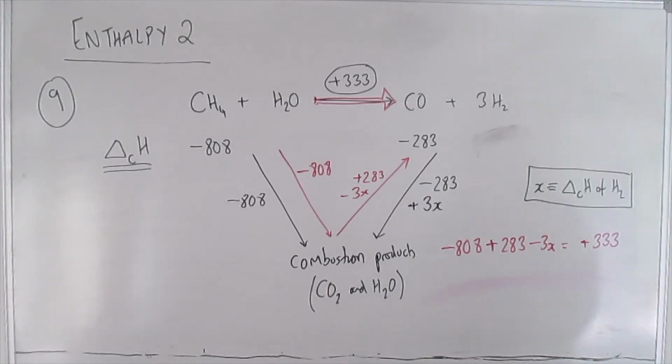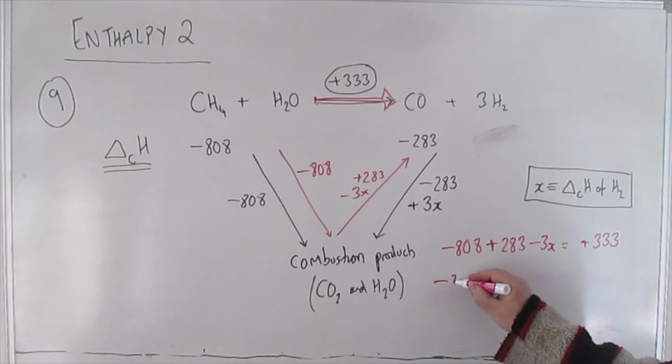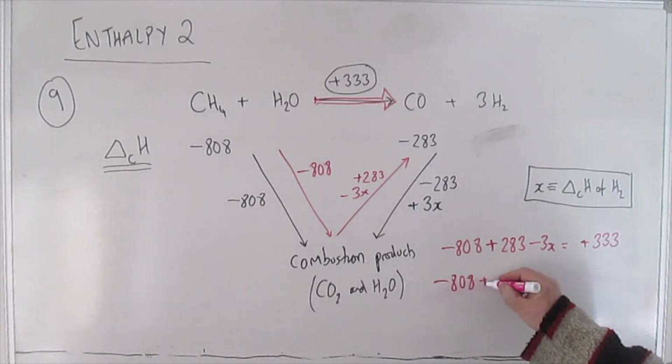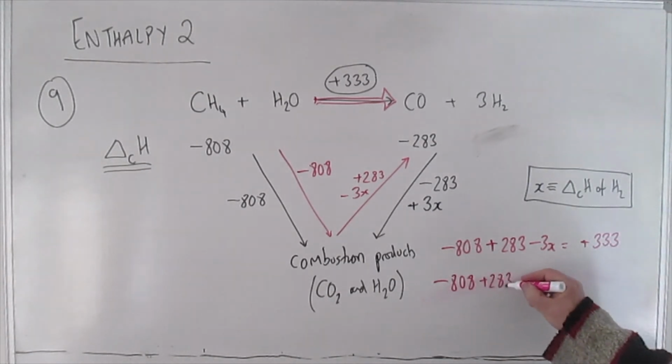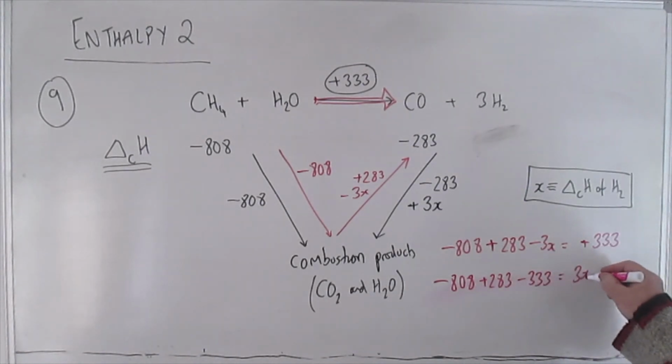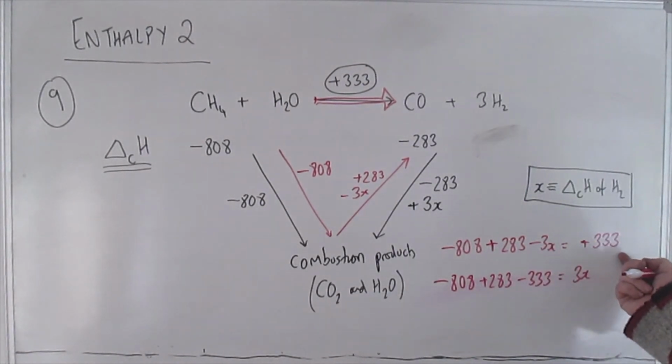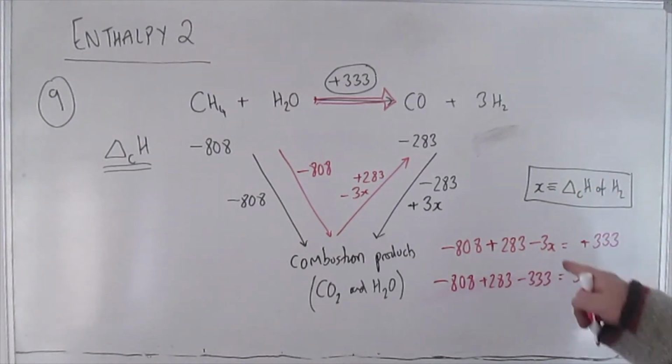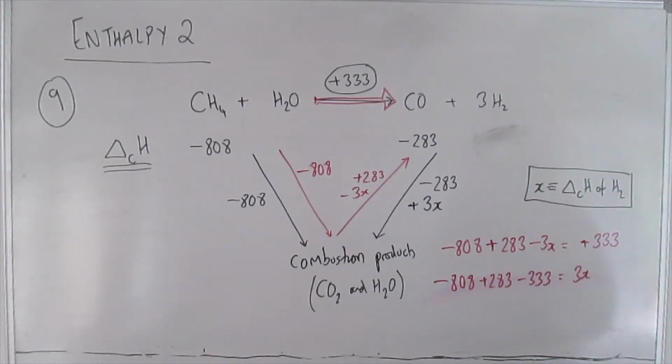Okay, so a little bit of rearranging here will then give us minus 808 plus 283 minus 333 is equal to 3x. Okay, so that's just subtracting 333 from each side to bring that over to there, and then adding 3x to each side to bring that over to there.